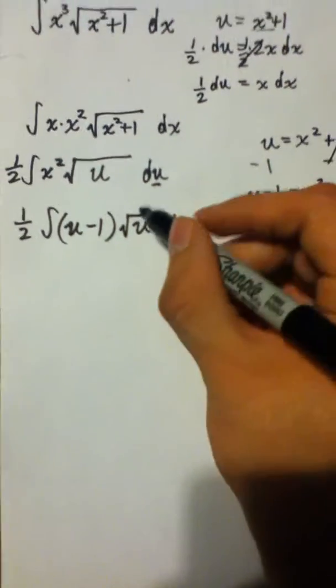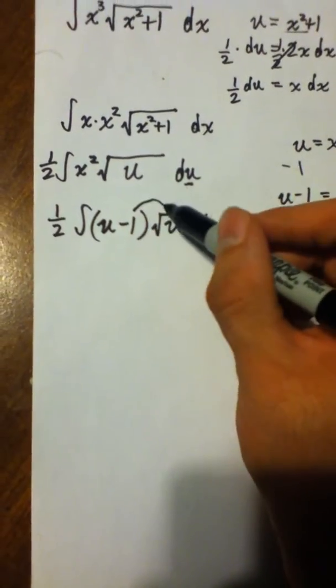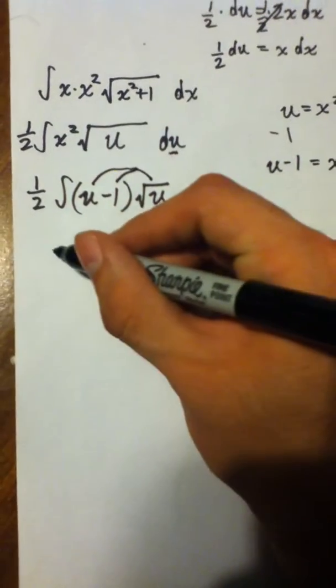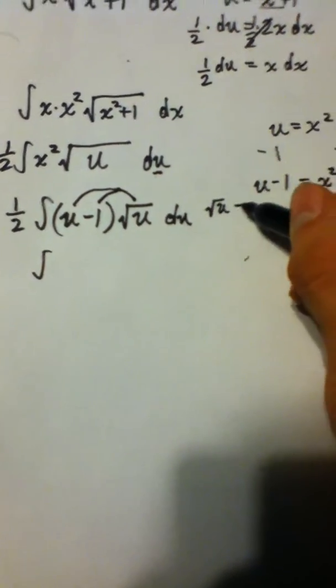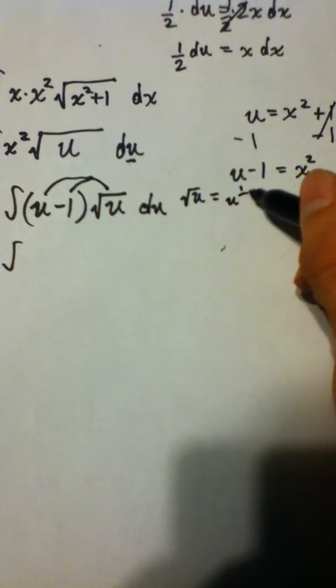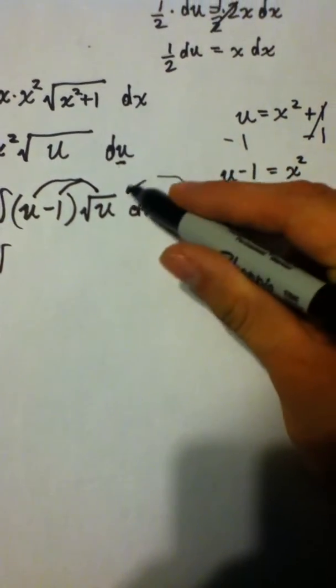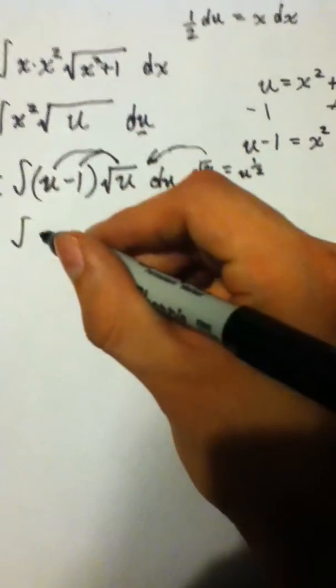So what's going to happen now is I'm going to distribute this, and so we know that the square root of u we could rewrite as u to the 1/2 as well. So that's how I'm going to write it.